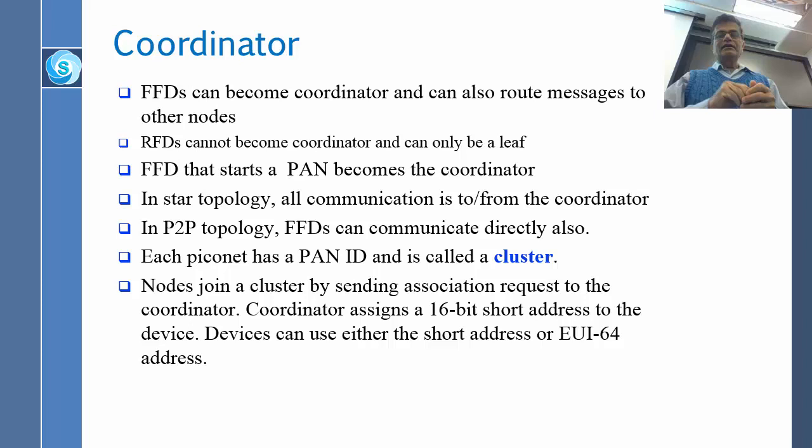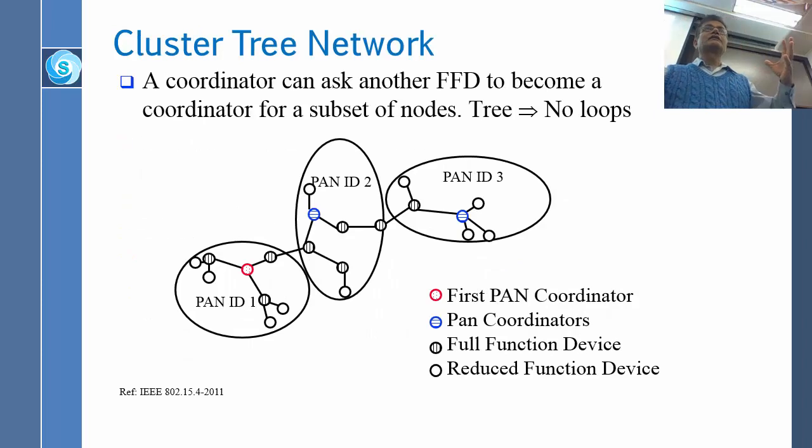Now, the whole network, maybe this is what you read, could be many clusters. So here is a cluster, there is another cluster, there is another cluster. And the information can go from cluster to cluster to cluster. It can go from here to there.